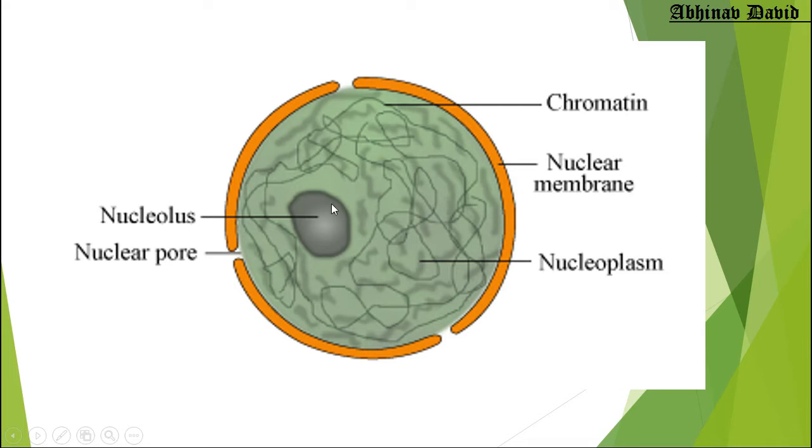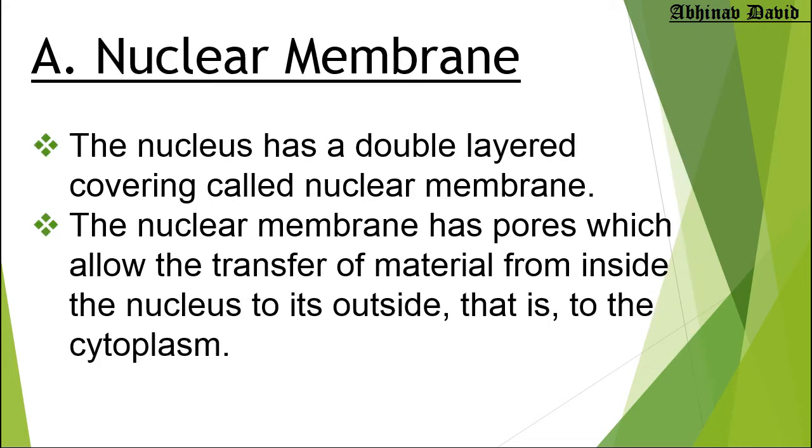Then you can see a darkly stained region inside the nucleus, that is called the nucleolus. So let us begin with the first part, that is the nuclear membrane.